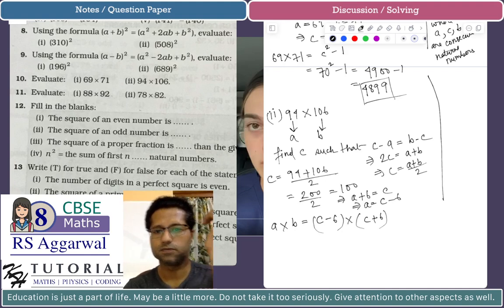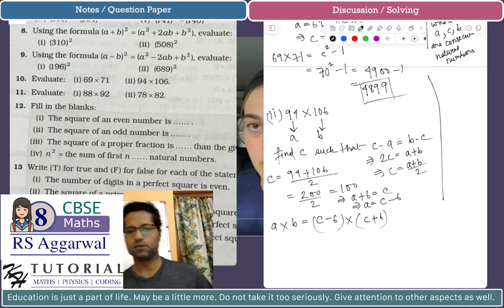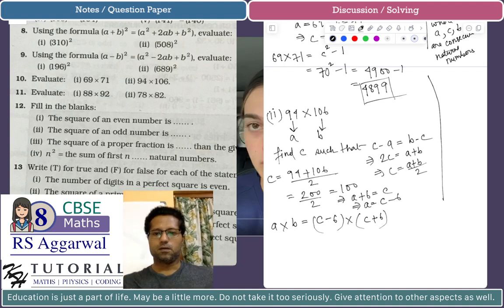How come we are getting 6? You can see how we are getting 6 in this problem. We are writing A as C minus 6, where C we have found to be 100. So A is C minus 6 and B is C plus 6.